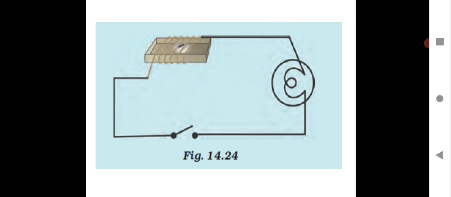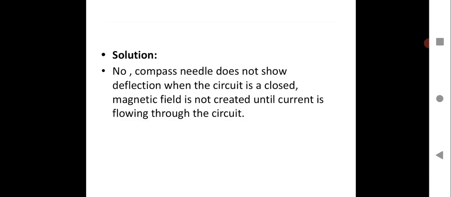Current is not flowing and the bulb will not glow and the compass needle does not show deflection. I hope this is very clear with you all. Because the compass needle will show deflection only in the presence of a magnetic field, and when the current is not flowing there will be no magnetic field developed, hence there will be no deflection shown by the compass needle.